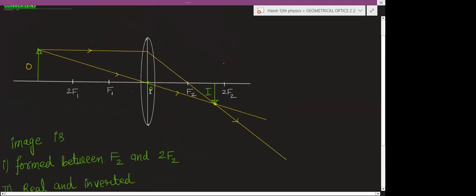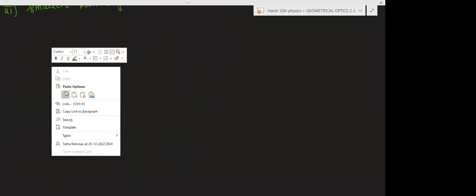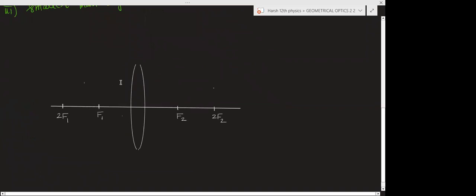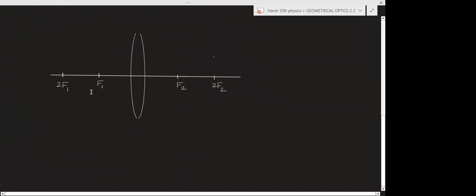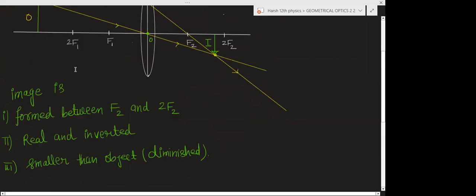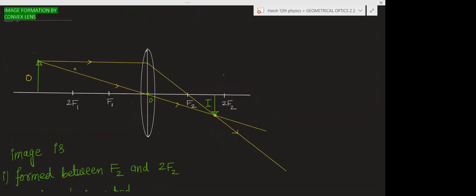Diminished. Now another case I am taking. Just a minute, I'm noting this down. First you write it down, then I'll draw everything. Okay, no problem.